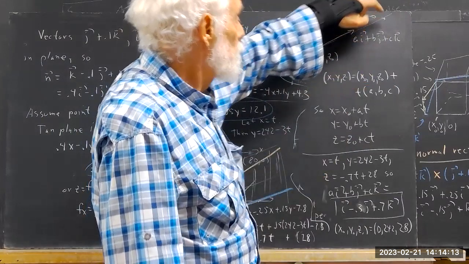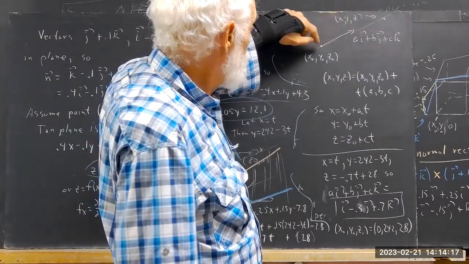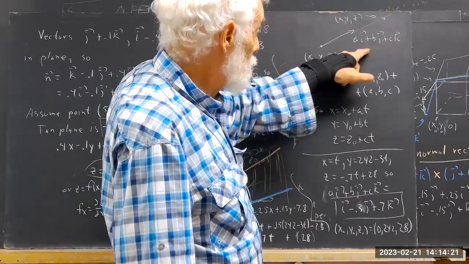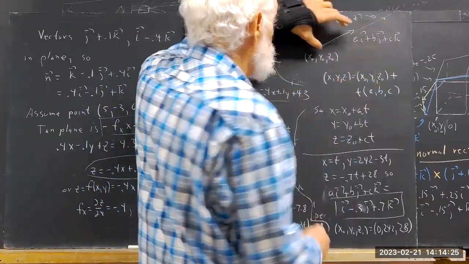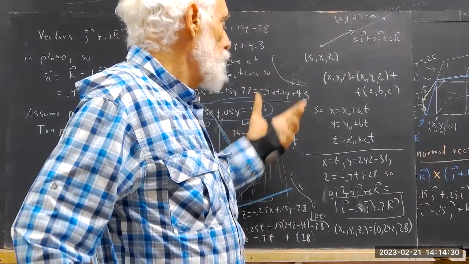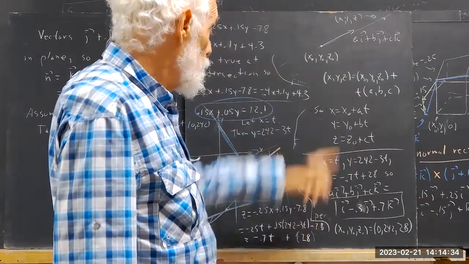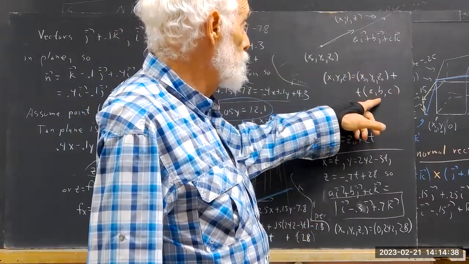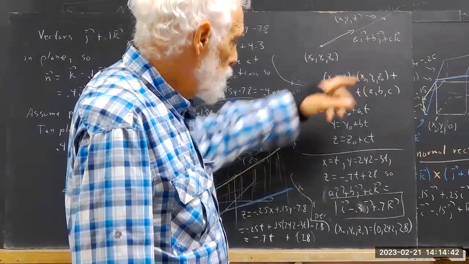So if XYZ is on the line, then the vector from X naught, Y naught, Z naught to XYZ has to be a multiple of this vector. In other words, the vector from here to here is a multiple of this vector. Call that multiple T. You'll see that XYZ equals X naught, Y naught, Z naught plus T times your ABC. So that X equals X naught plus At and all that.